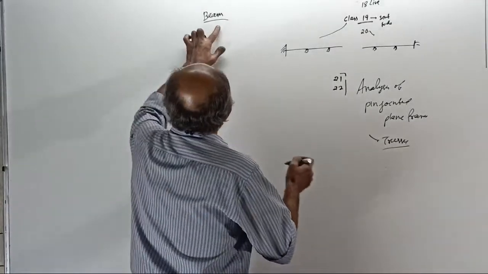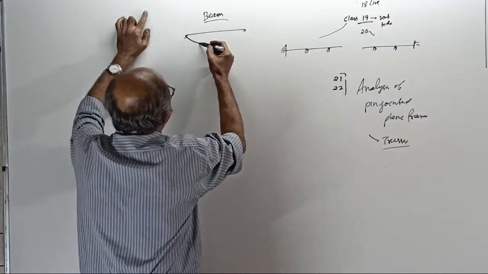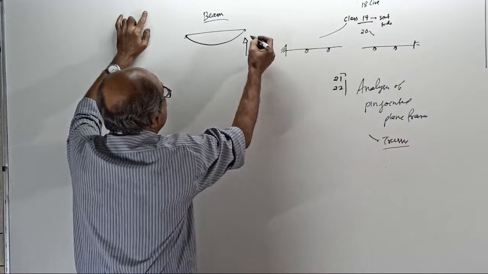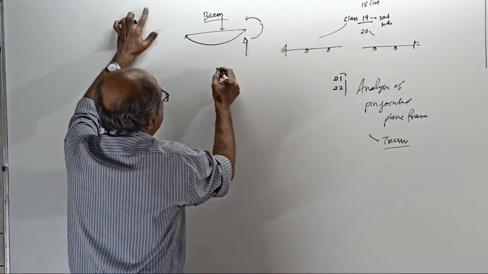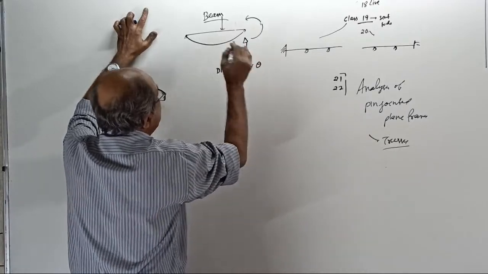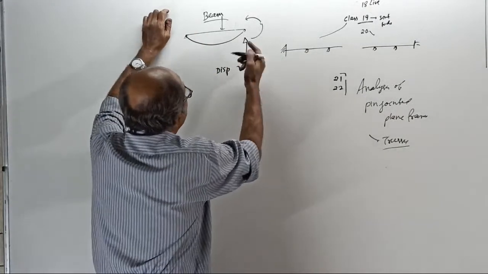See, in an ordinary beam problem, we consider bending. So vertical forces and couples will cause bending. Therefore, the displacements considered are v and theta. This theta is not your angle theta.